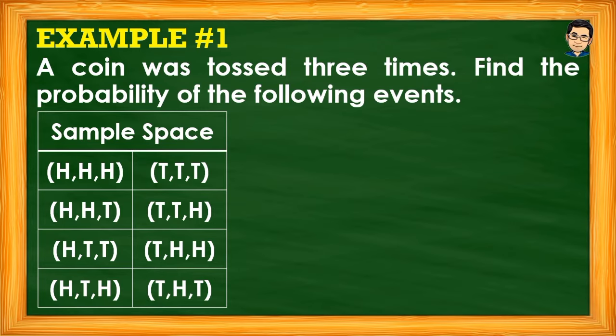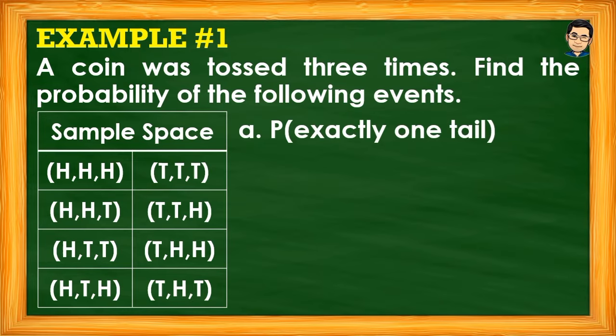So, for letter A, what is the probability of getting exactly one tail? So, ayan, regardless po sa order ng ating mga outcomes, titignan natin alin ba dito sa mga outcomes na nandito sa sample space ang sasagot sa tanong natin na probability of getting exactly one tail.